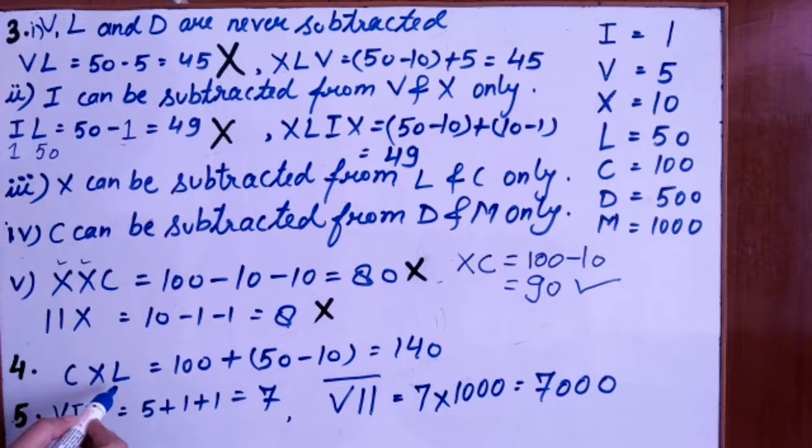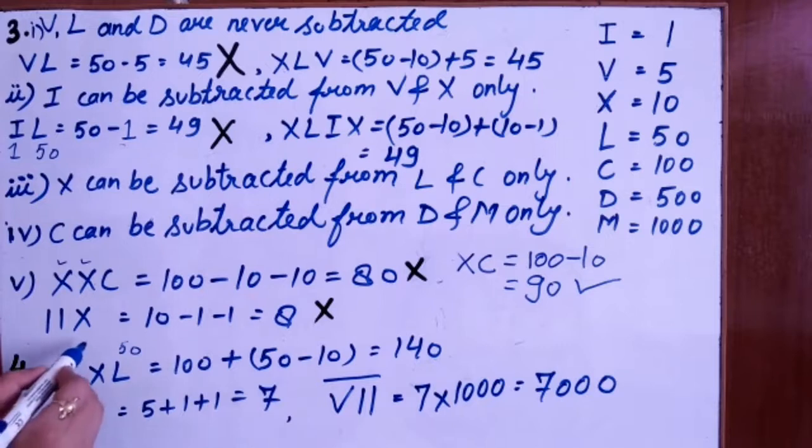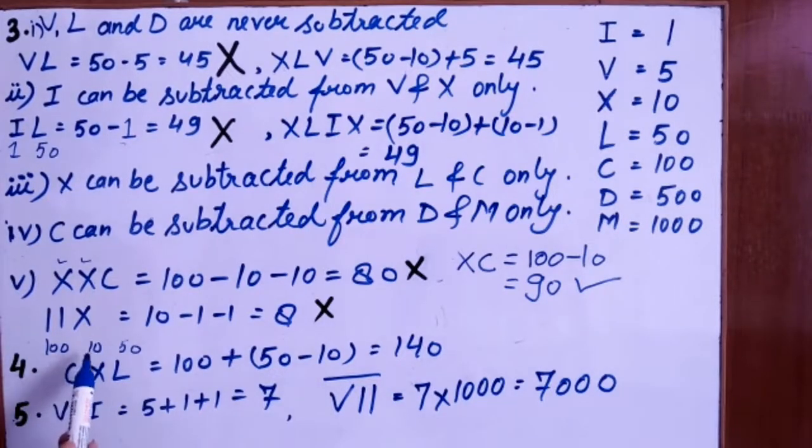CXL. The value of L is 50. The value of X is 10 and the value of C is 100. We can see 10 is smaller than 50 and 100. So, it is subtracted from 50. Why? Because there is a rule.